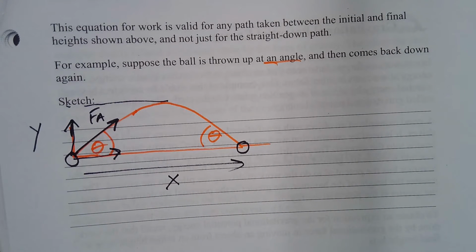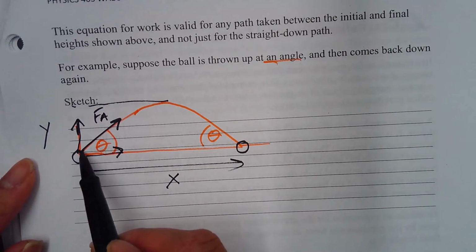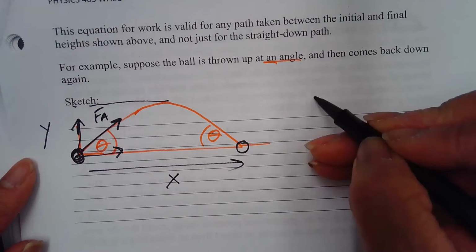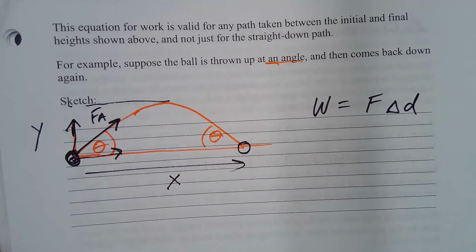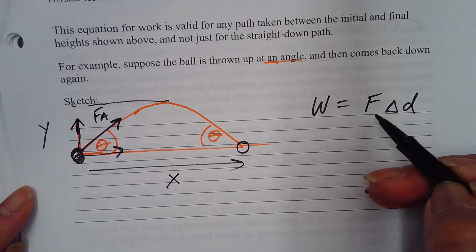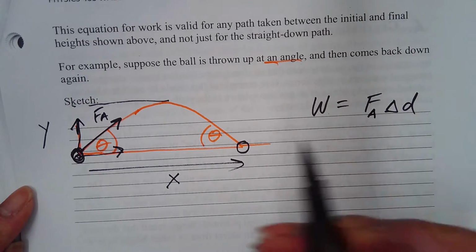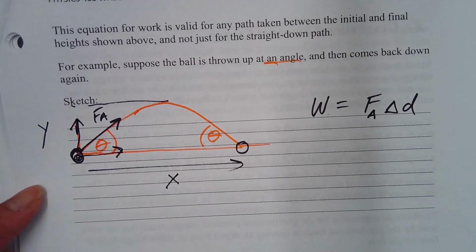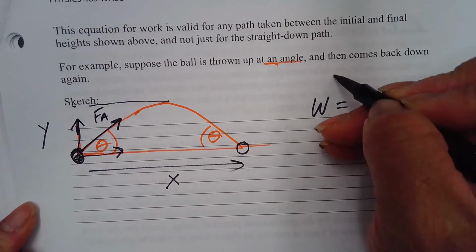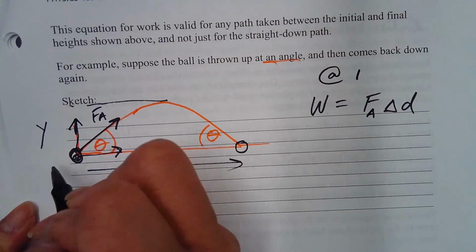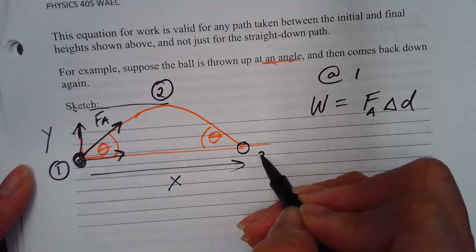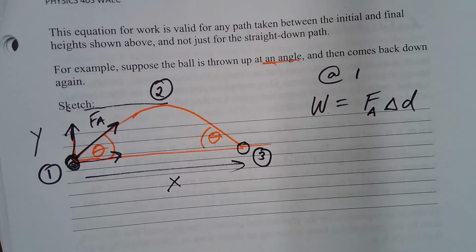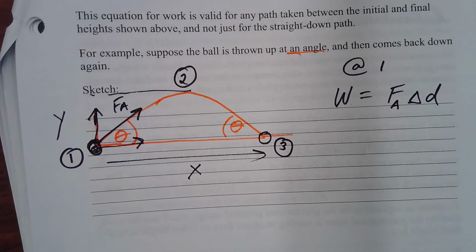So if you're looking at the force in the beginning here, remember work is force times the delta d, right? So if you were to calculate the work done by the applied force, let's call this point 1, point 2, and then point 3, and then we're going to look at the total work done on the system, on the ball.